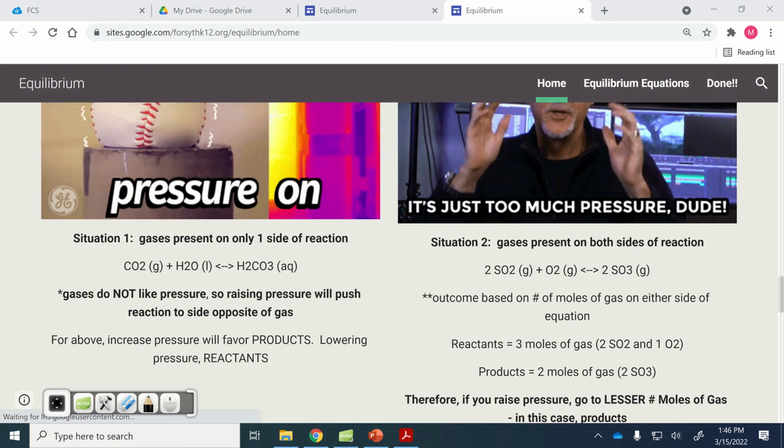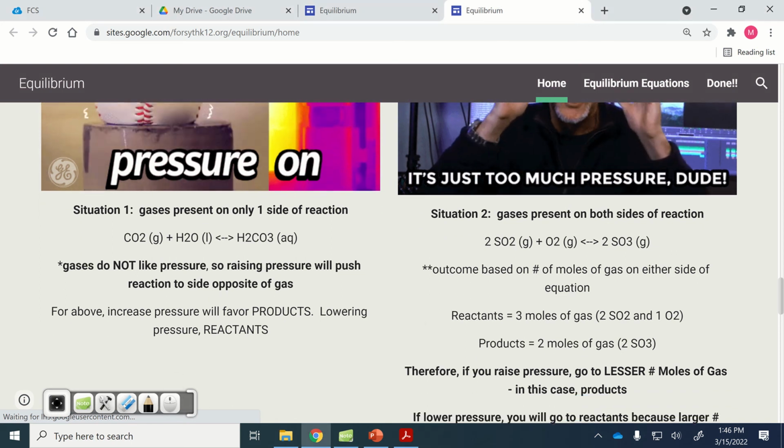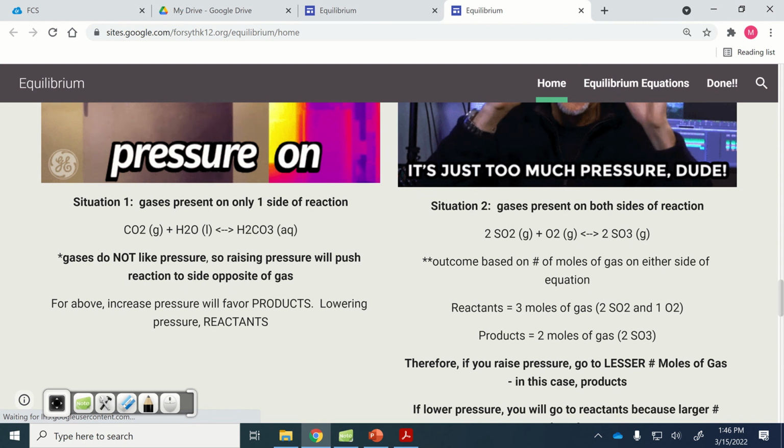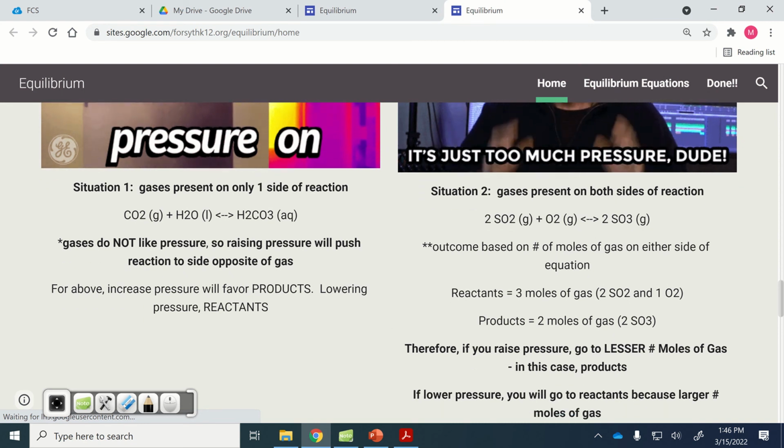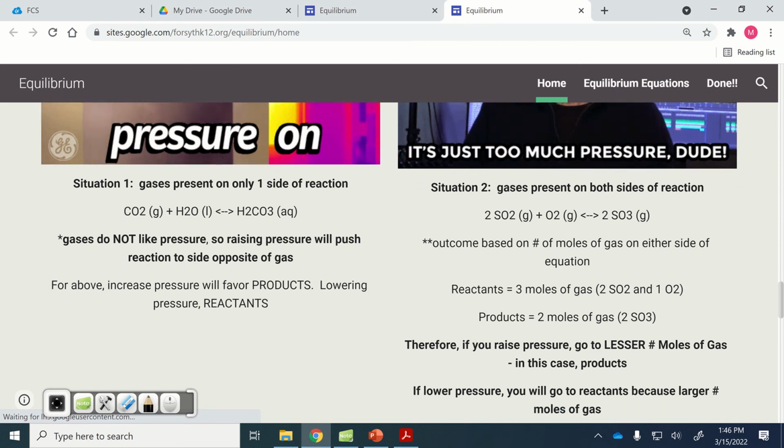Now, the confusing thing that might come out of this is, what if I have multiple gases on both sides of the reaction? The first situation is nice and easy because there's only a gas on one side. If you have gases on both sides, what it depends on now is how many moles of gas you have on both sides. The way you figure that out is look at the coefficients.